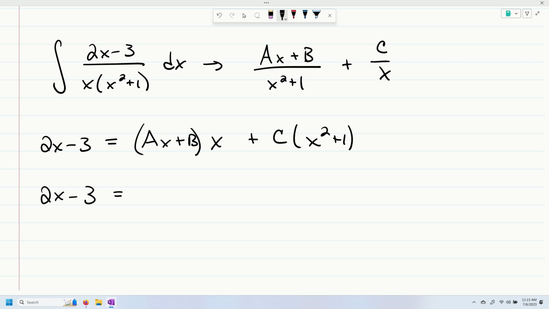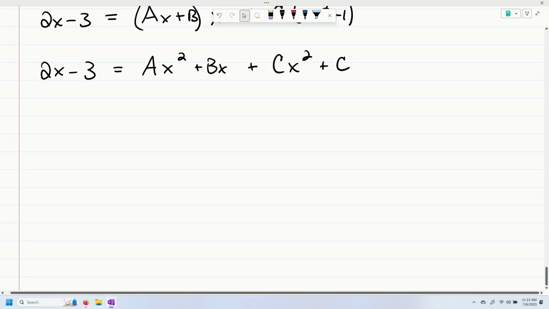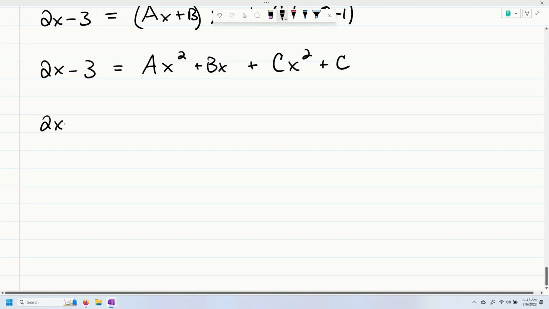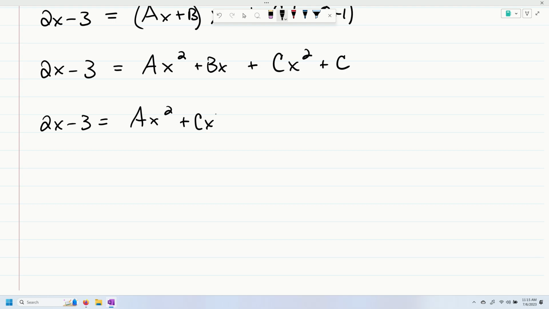2x minus 3 equals a times x squared plus b times x. Distribute the c as well: cx squared plus c. Let's go ahead and group the ax squared plus the cx squared plus bx plus c. We're going to factor out the x squared from the first two terms right here.